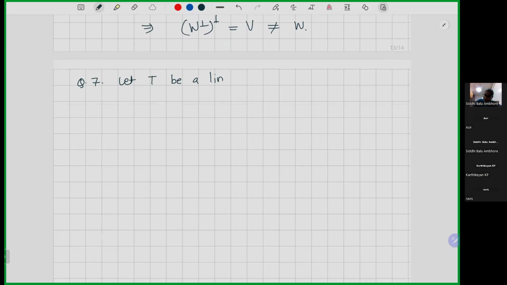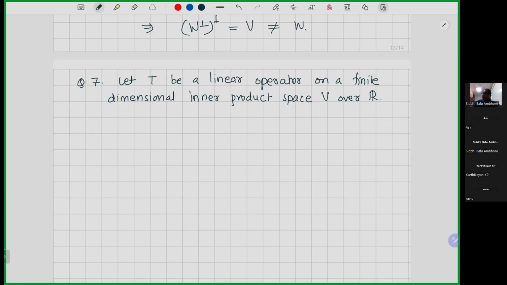So let T be a linear operator on a finite dimensional inner product space V over R. We denote by N(T) the null space of T. Then check whether true or false.